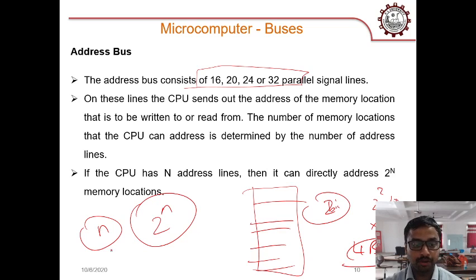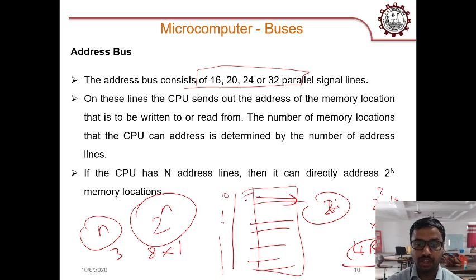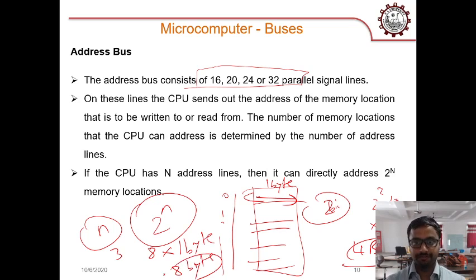If I take an example of 3 bits, which is 8 locations, 0, 1, 2, 3, 4, 5, 6, 7, and the width of each location is 1 byte, now I can have 8 into 1 bytes of data. I can have 8 bytes of memory now. Imagine today your computer can store up to 4 TB, 8 TB of data.